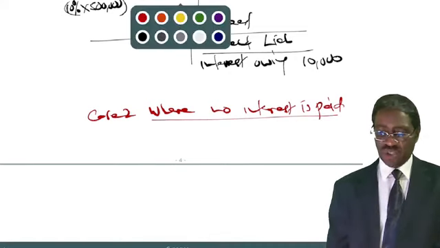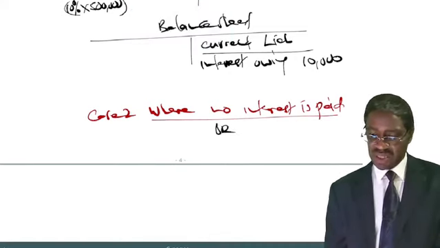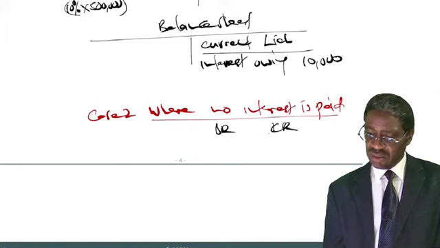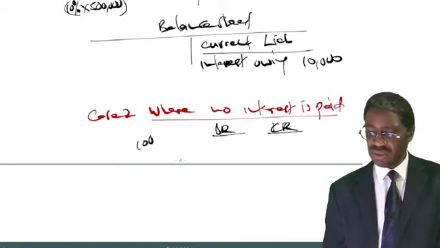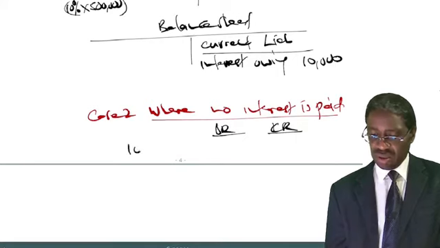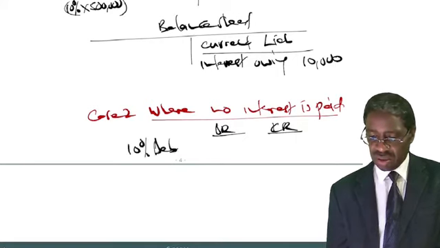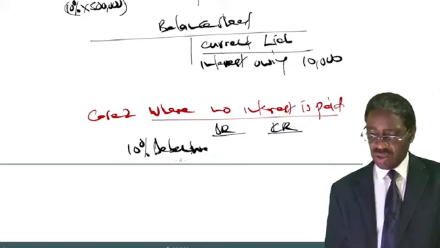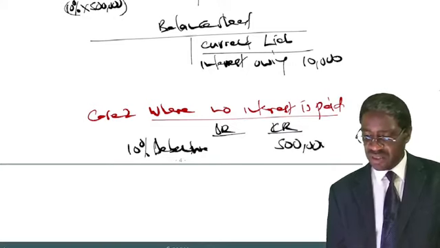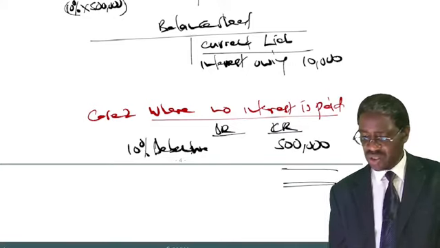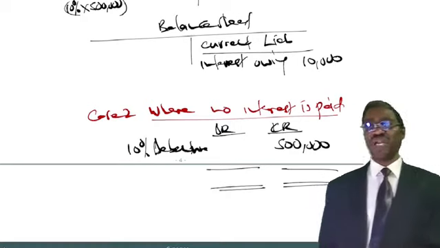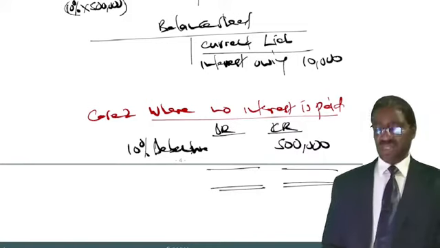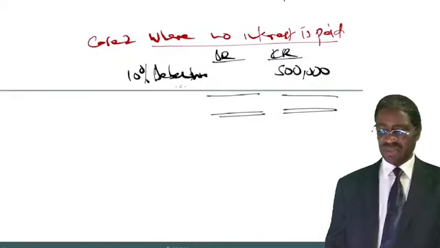Then again, you show like you are preparing that trial balance. Call it 10% debentures. You credit column 500. And you show like you are closing the trial balance now. Then you come and say P&L.